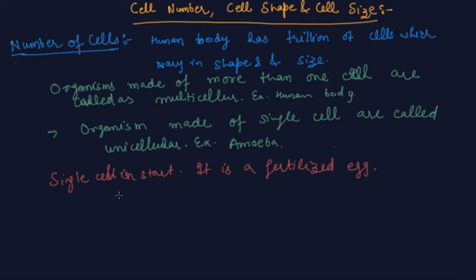Let me draw the diagram of amoeba. Amoeba is an organism made of a single cell. So students, this is all about the number of cells.